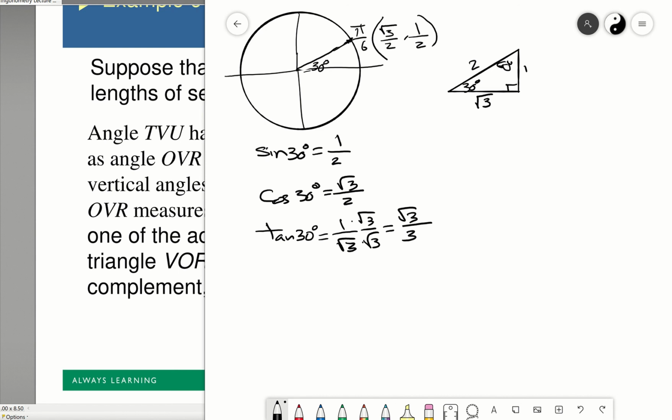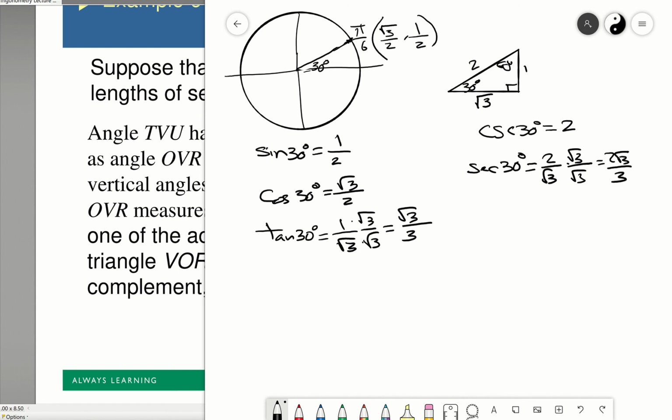All right, so we also know that the cosecant of 30 is just going to be the reciprocal of that, so 2 over 1, which is 2. The secant of 30 degrees is going to be 2 over radical 3, the reciprocal of the cosine, which if we rationalize, we end up with 2 radical 3 over 3.